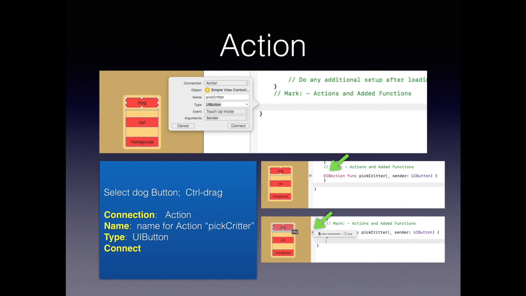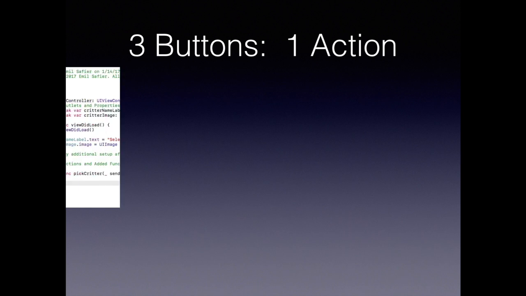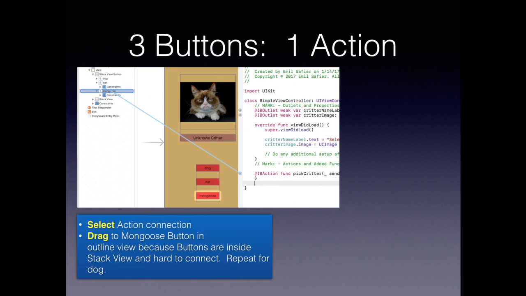We could do this for all three buttons and then we'd have three functions, but we really don't want to do that. What we want is for all three buttons to essentially be connected to a single action, and we can do that very easily. We want to select the action and then drag to the button that we want to add as a connection.